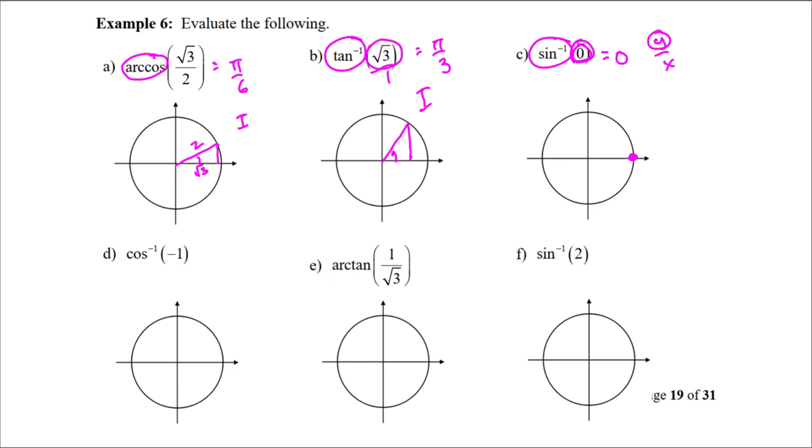Again, these are functions. I can only get one answer, so the answer has to be in radians. Cosine now is negative, so that's going to be towards the second quadrant. But cosine is x over r. Here x is negative 1. It's here, and so that angle is pi.